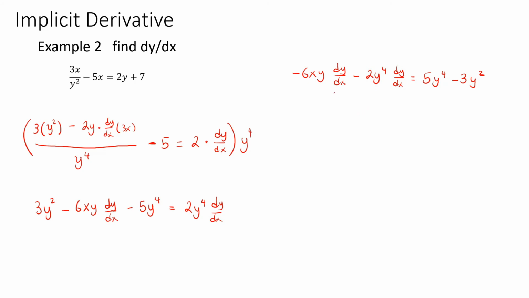So now we have dy over dx on the same side of the equation. So I'm going to factor it out because that's the common term. And the last thing we have to do is divide to the other side, leaving you just with dy over dx.